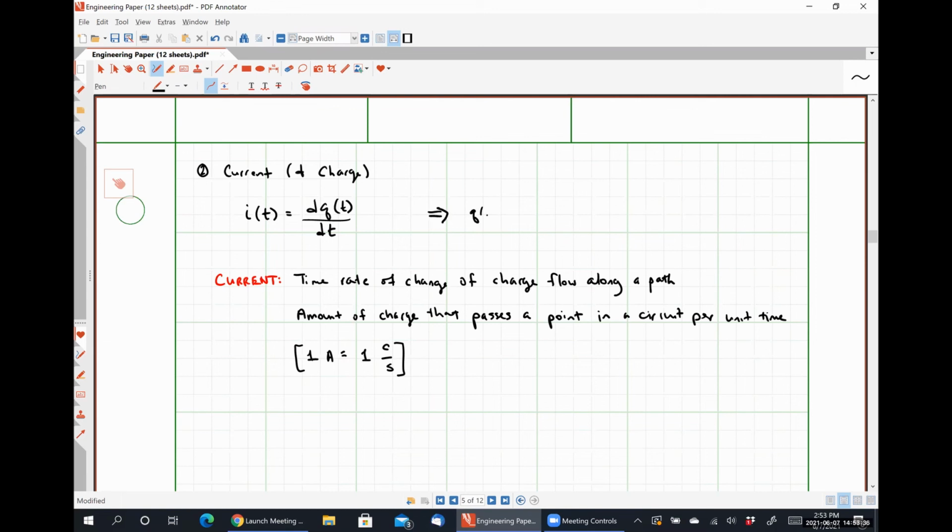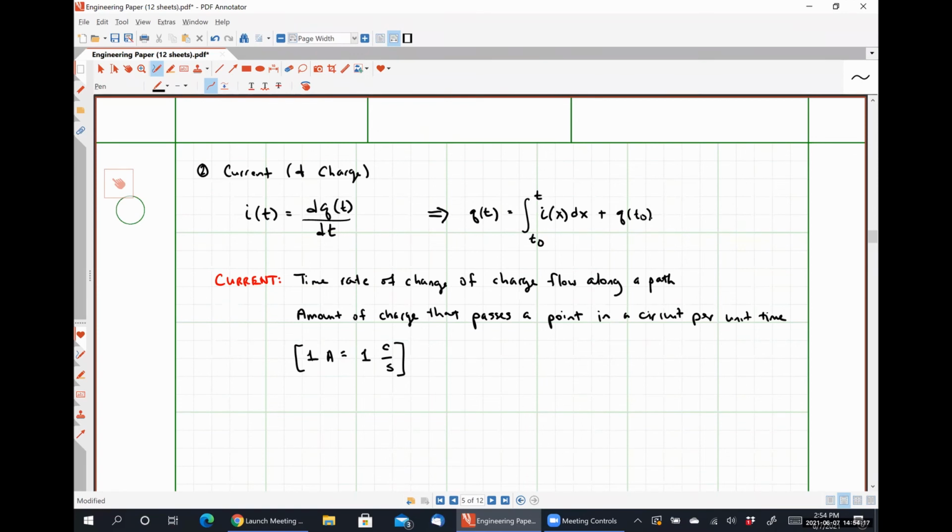So if we multiply both sides by dt and integrate, we find that charge is equal to the integral of the current Ix dx, when we're integrating from some time t naught to some later point in time t, plus q naught. So let me explain what's going on here in this equation for charge, because it may not be intuitively obvious.